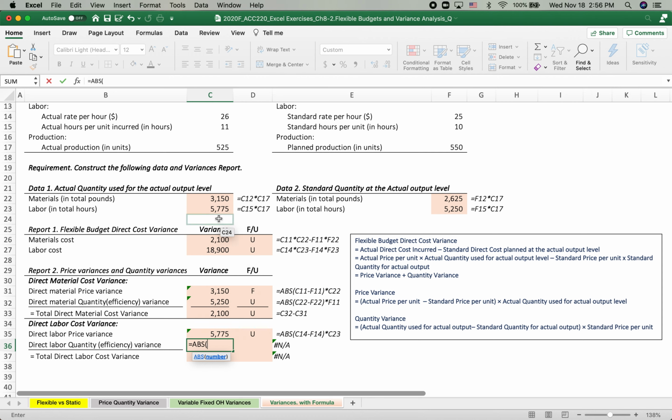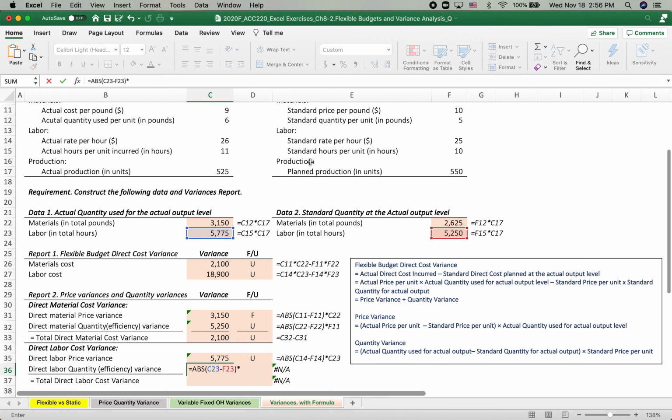And then the direct labor quantity, also calculate ABS. Then we compare the actual labor minus the standard labor quantity. Then which one is greater? Right, the actual labor is greater. So it is unfavorable as well. And then we multiply the standard rate per hour, 25.